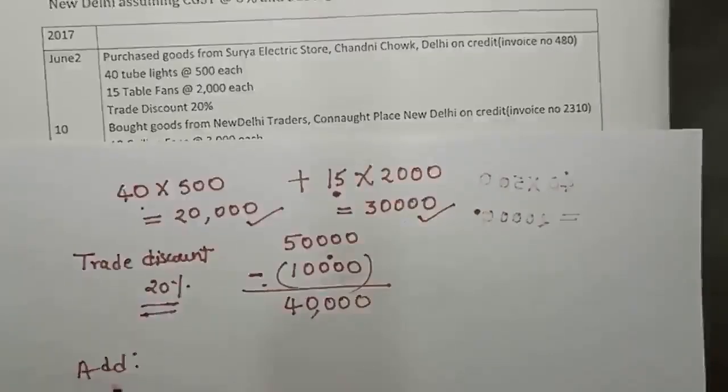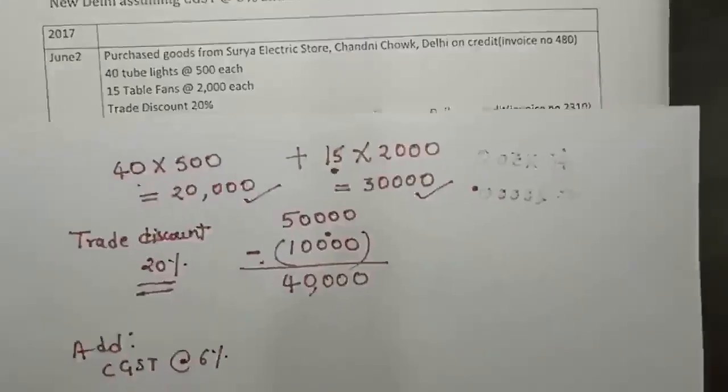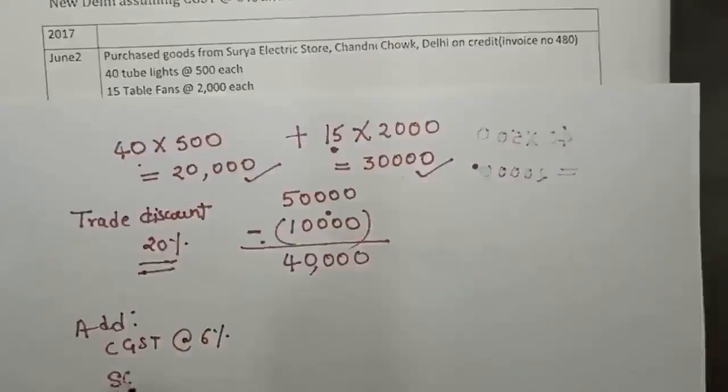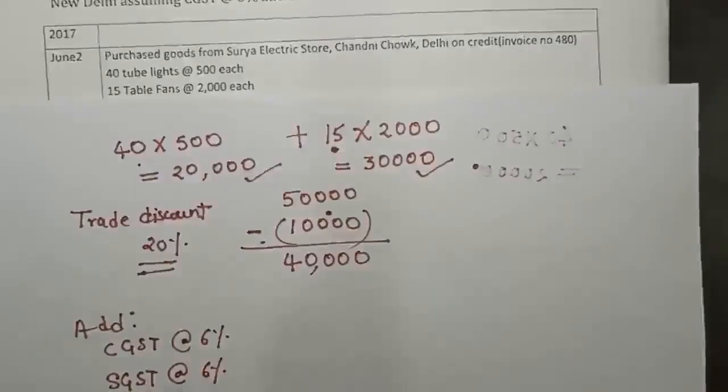So we are going to charge CGST at the rate of 6% and SGST at the rate of 6%.